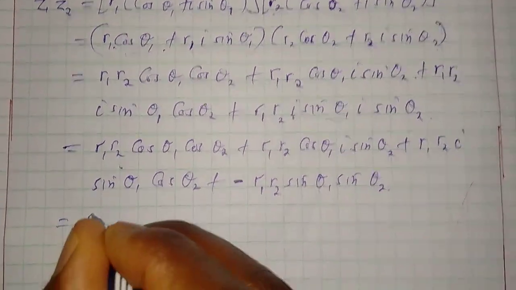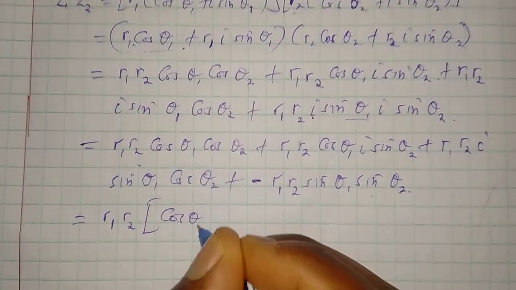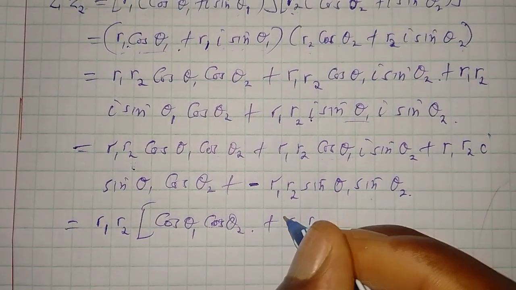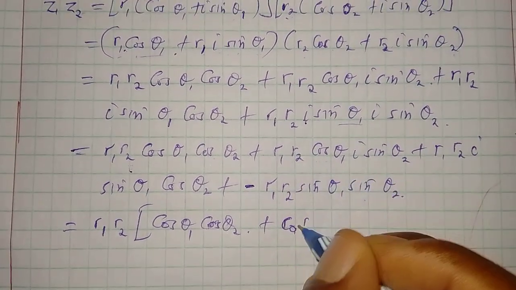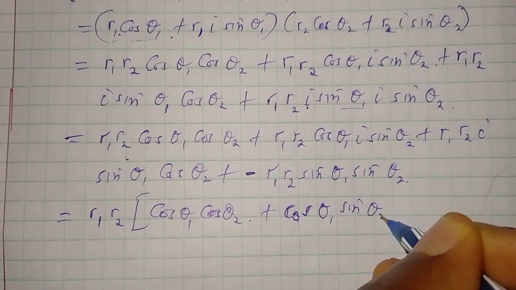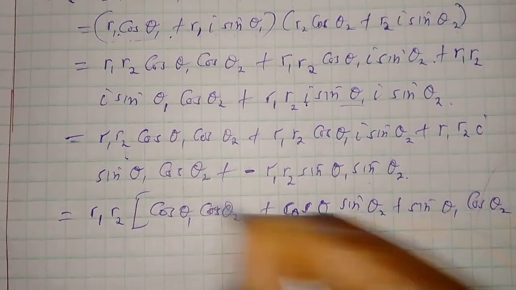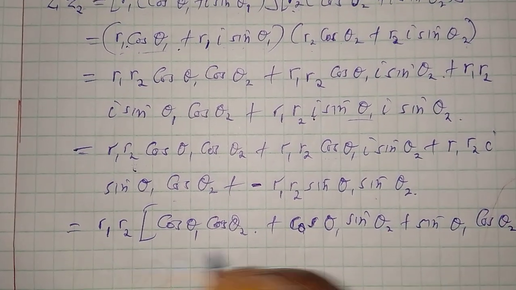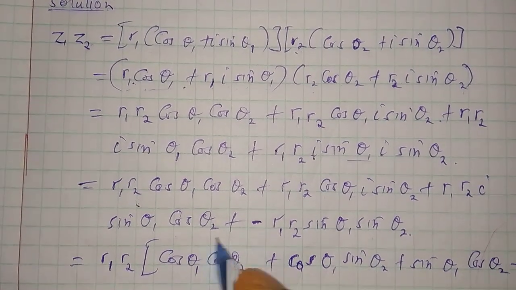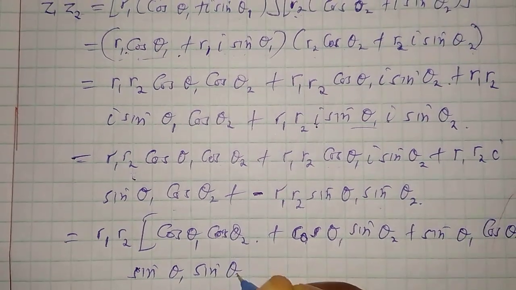So we can factor out and say that r1 r2 in larger brackets cos theta1 cos theta2 plus cos theta1 sin theta2 plus sin theta1 cos theta2 minus sin theta1 sin theta2.